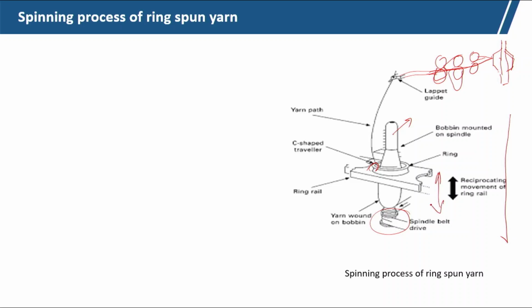The ring rail moves up and down to traverse, because for winding we need the traverse. This is the yarn path, and a C shaped traveler is there on the ring rail. So, this is the process of ring spinning.